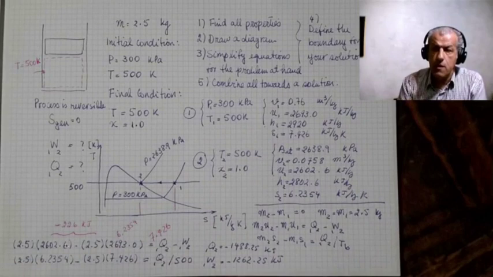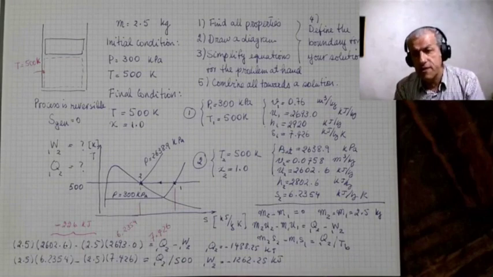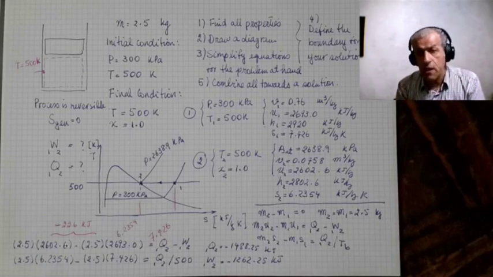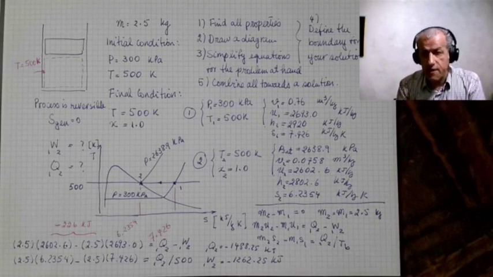So by compressing this vapor, although we have done it reversibly, we have not only lost all the energy that we had put in, but we have caused some of the energy of the vapor itself to go out in terms of heat transfer.